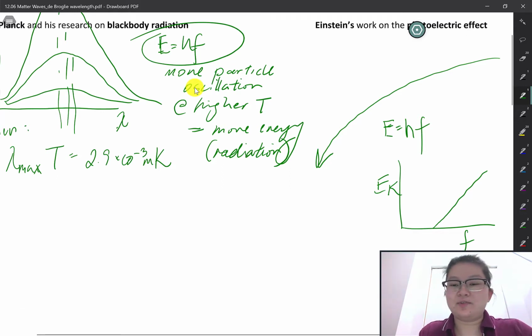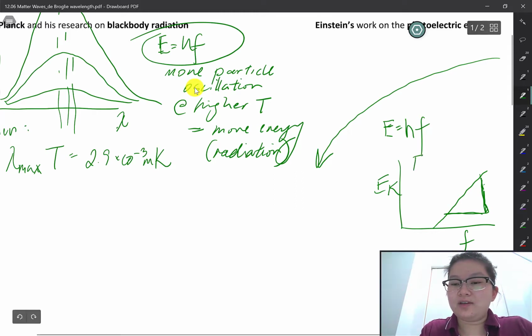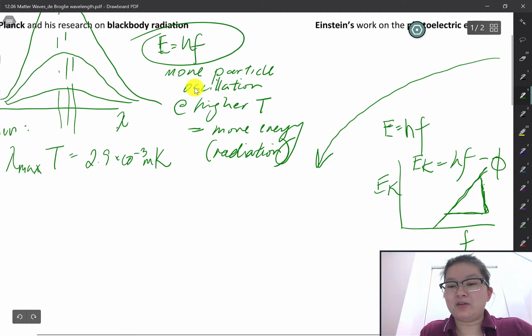So this is the relationship he found, and of course it refers back to the previous videos on application of this, but essentially he was able to find that this relationship had to do with the work function of the metal, and then any additional energy was spent for speeding up this particle for its kinetic energy. So this is the energy of the photons that he used, the work function, the minimum amount of energy to eject an electron, and the remaining kinetic energy.